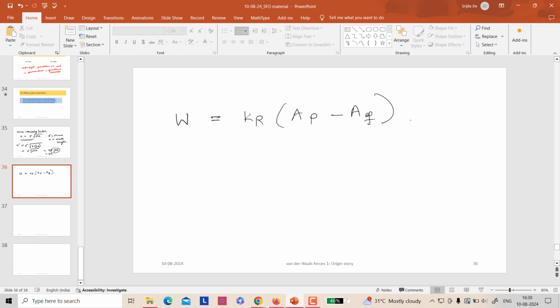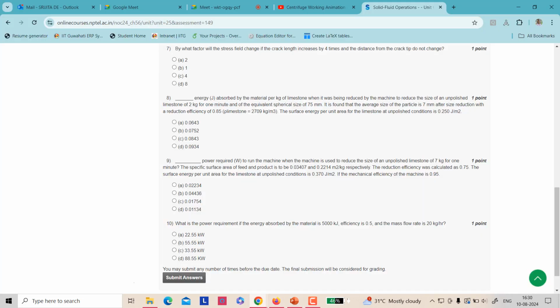First, we will see what the product is. It is said the equivalent spherical size is 75 millimeter. And after the reduction, it is found that the average size of the particle is 7 millimeter. Right? And the density of the particles is also given. So from there and from the mass also we can calculate the number of particles.